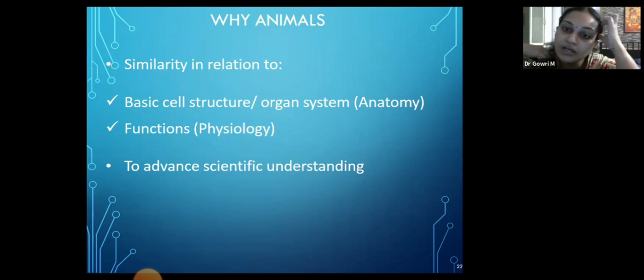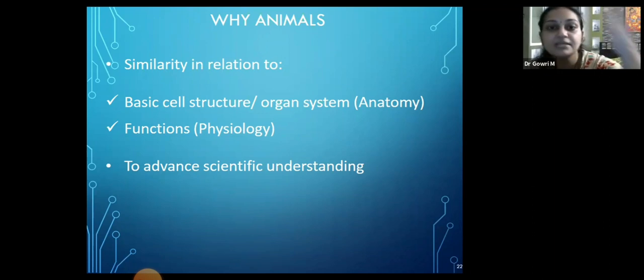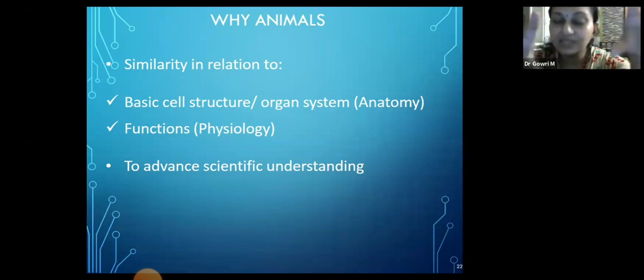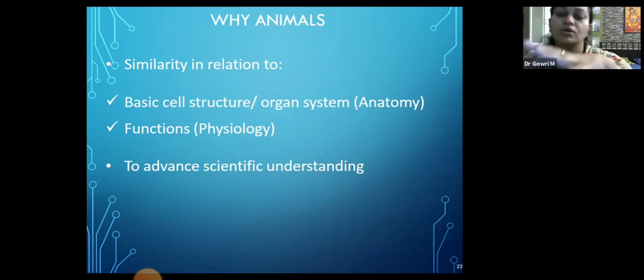Then we are going to check various hormonal variations when you give a particular drug to mice, because the hormonal action is more or less comparably similar to humans. That is why it is very important for us to choose the correct animal for the study, for the action you want. Correspondingly, you have to take the animals.